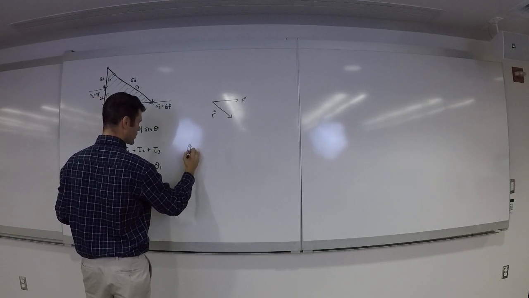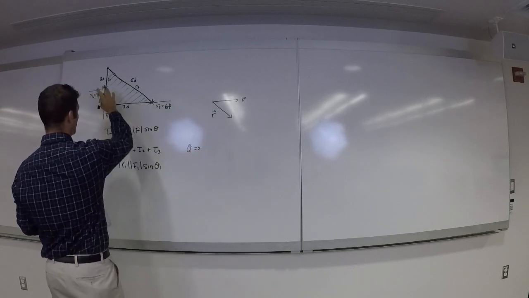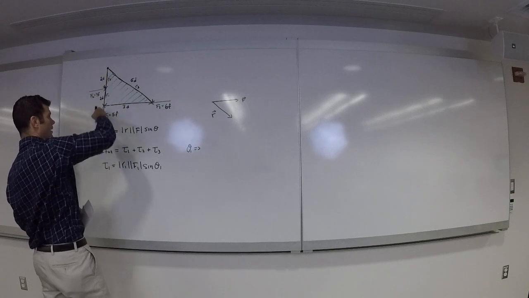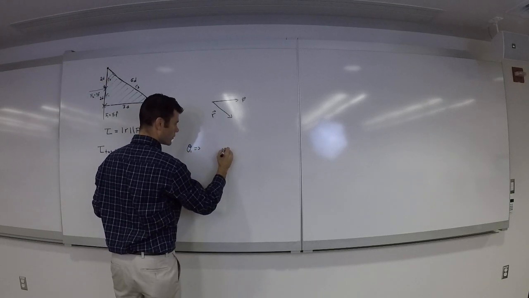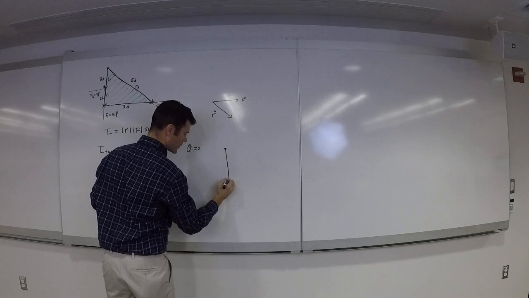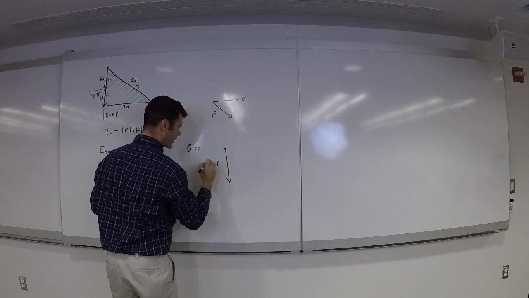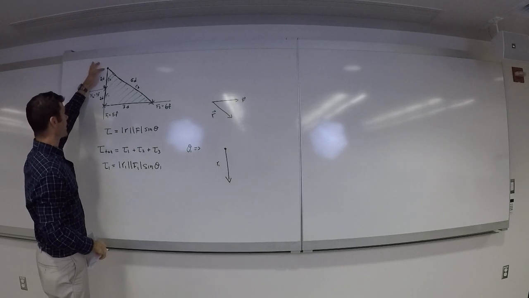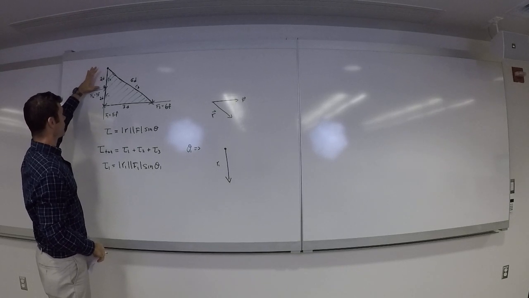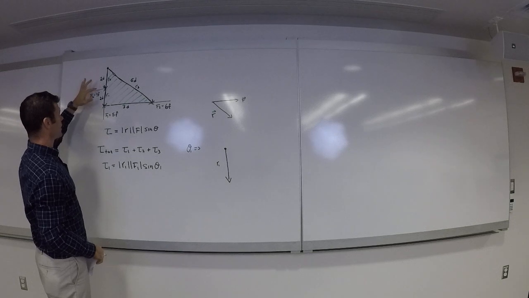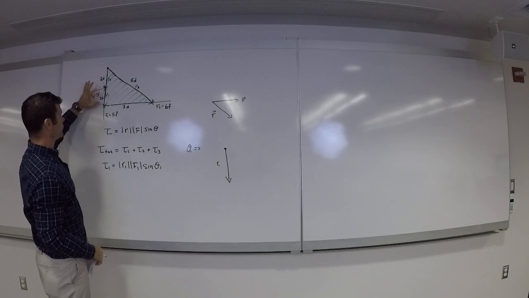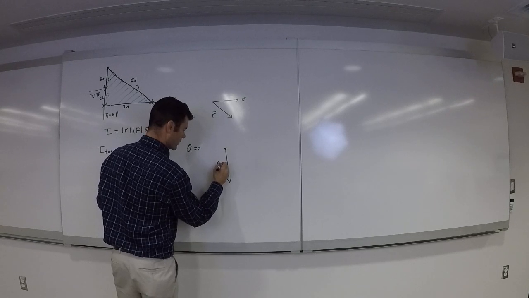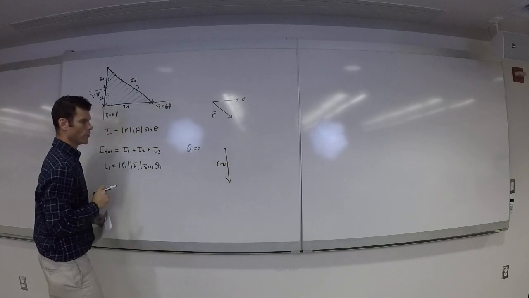Well, theta 1 can be calculated by plotting the 2 vectors. Notice that the position vector is directed straight downwards. We'll draw that vector like this, and we'll call that R1. We can also see that if we have 2 units of distance from the axis of rotation to where F2 is applied, and then another 2 units from F2 to where F1 is applied, then R1 is equal to 4D, or 4 units of distance.